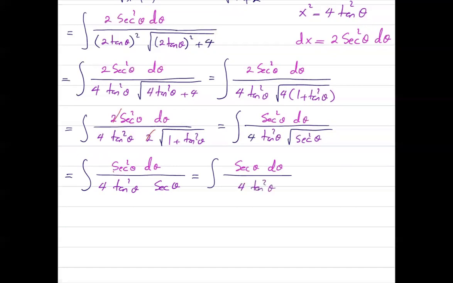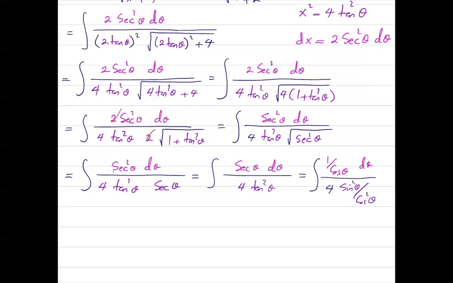Now, how to deal with this integral? Remember the definition of secant, remember the definition of tangent. This can be broken down into the integral of, on the numerator, the secant is 1 over cosine theta d theta. On the denominator, here you have 4 times tangent squared, which is sine squared of theta divided by cosine squared of theta.